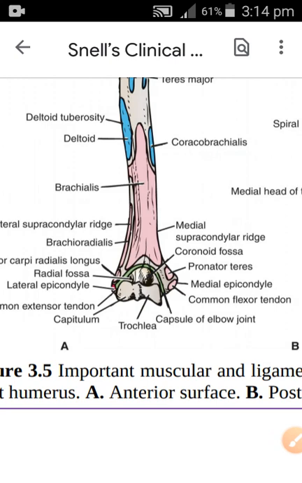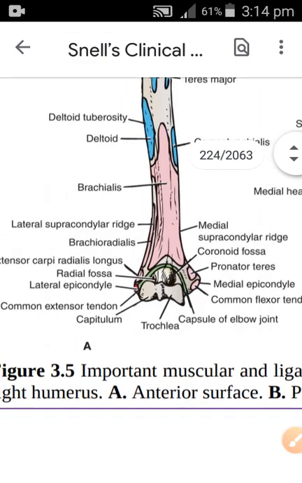This medial epicondyle is also called the common flexor origin, and there is the attachment of a tendon which is called the common flexor tendon.